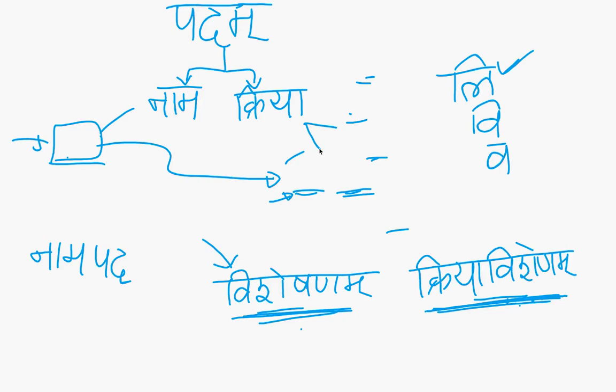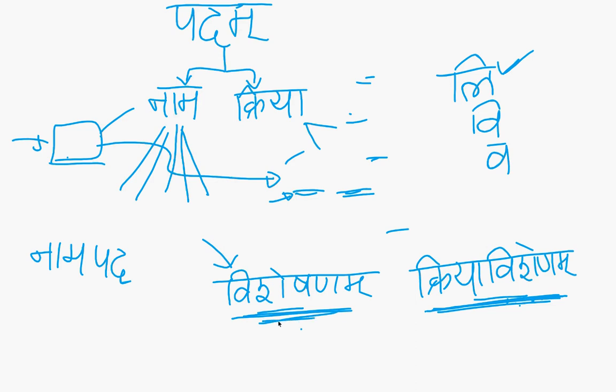All those are kriya padam. Now, in this case, vahati, chalati, these are kriya padam. Now, everything else, whether it is a visheshanam, kriya visheshanam, kartrupadam, etc., tritiya vibhakti, dvitiya vibhakti, chaturthi, shashthi, prathama, everything, avyayam also, everything else falls under namapadam.